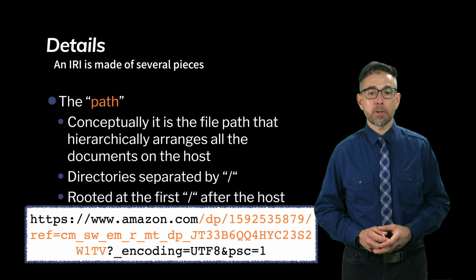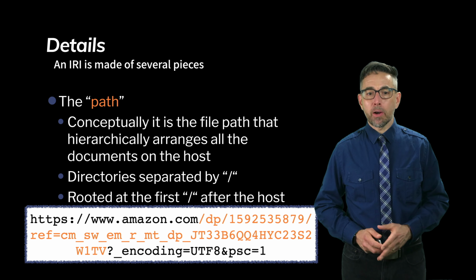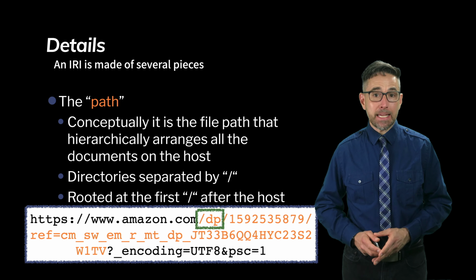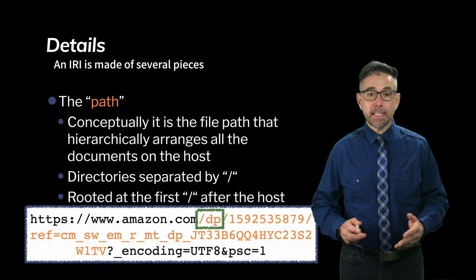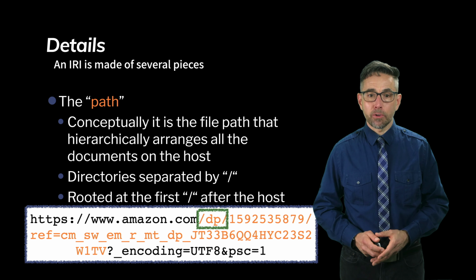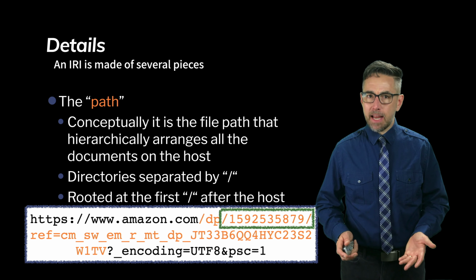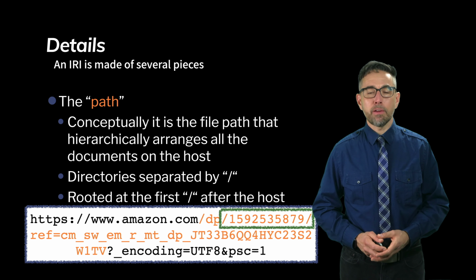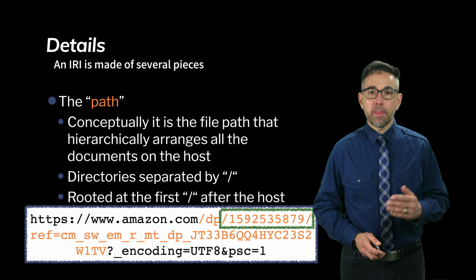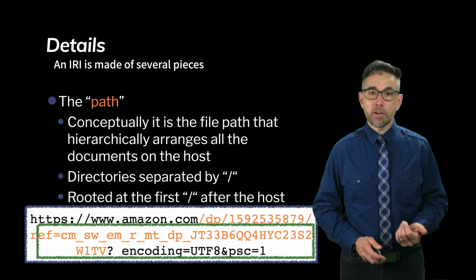So if we look at this one in particular, we see that that first component after the / is DP. DP conceptually is a subfolder that we're looking inside of in order to find another folder. The other folder has this name that's just a number called 159.2535879. And within those two subfolders, there appears to be a resource.